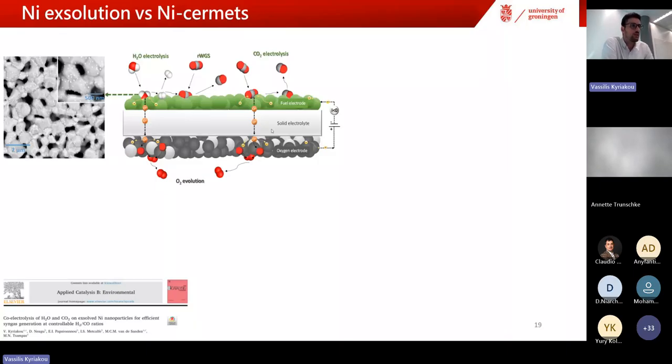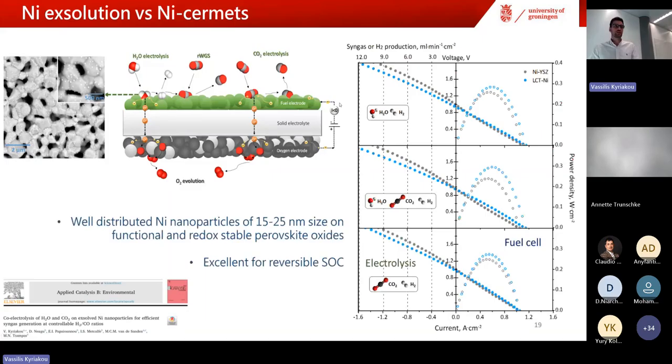And we had an LSCF-GDC based electrode on the second side, and we only replaced the fuel electrode. In one case, we tested the titanate perovskite with nickel exsolution, and the second example was a nickel YSZ. So we printed nickel YSZ, and we did the test, and we operated the cell in reversible mode.